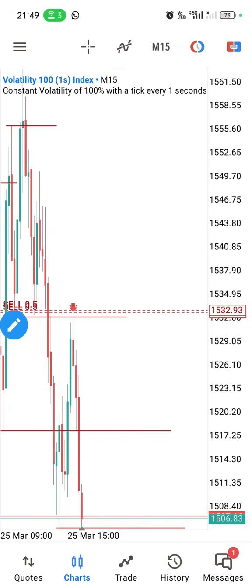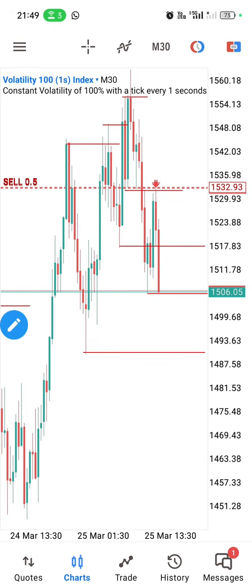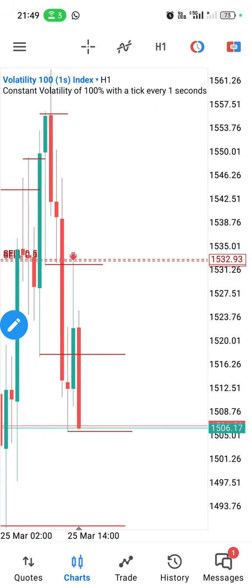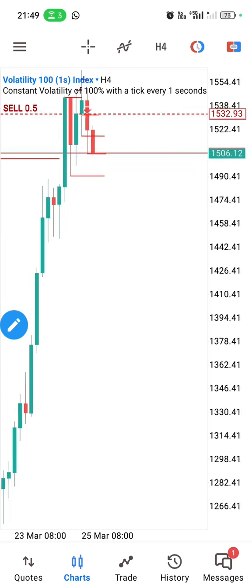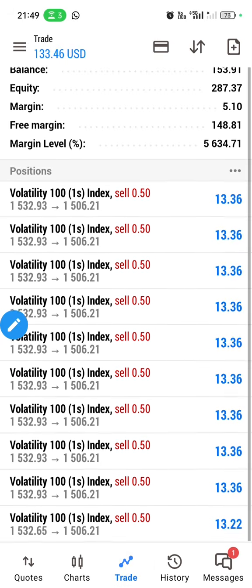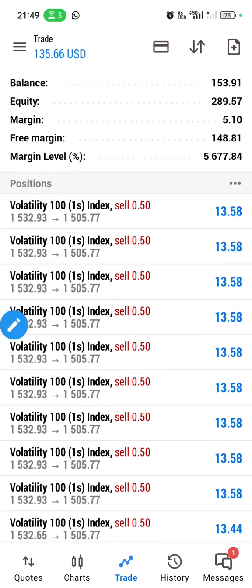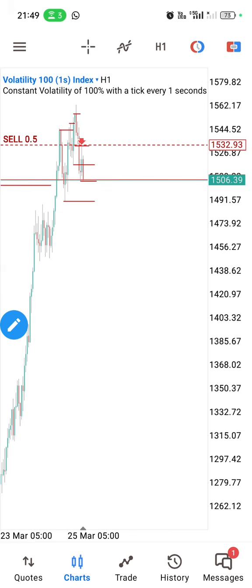It just tapped and then it dropped. So yeah, the entry in the VIX 100S was precise, as precise as the first one and the second one that we had entered. We never spend any amount of time in the negatives, and we're just in profits from there.